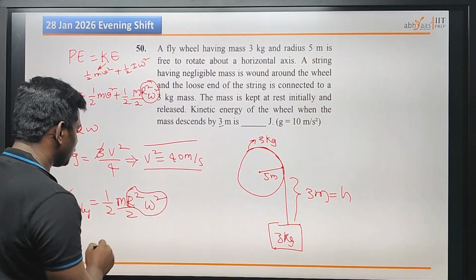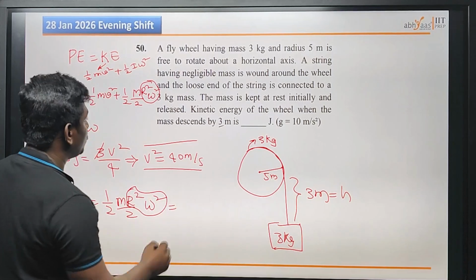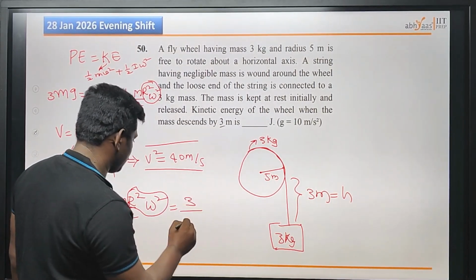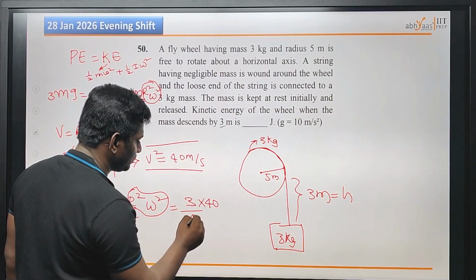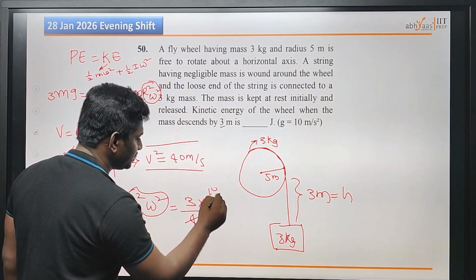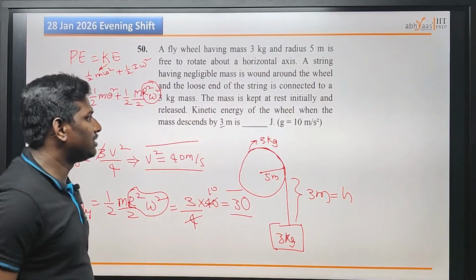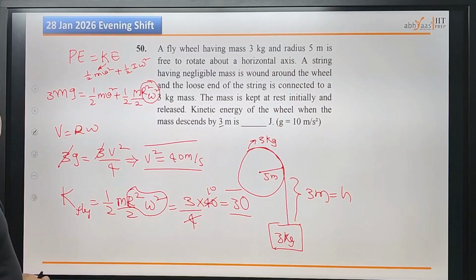It is nothing but v square. What is the mass here? Mass is nothing but 3 kg. 3 by 4 into 40, and you will get 10 times. So 30 is your answer. 30 joules kinetic energy, 30 joules.